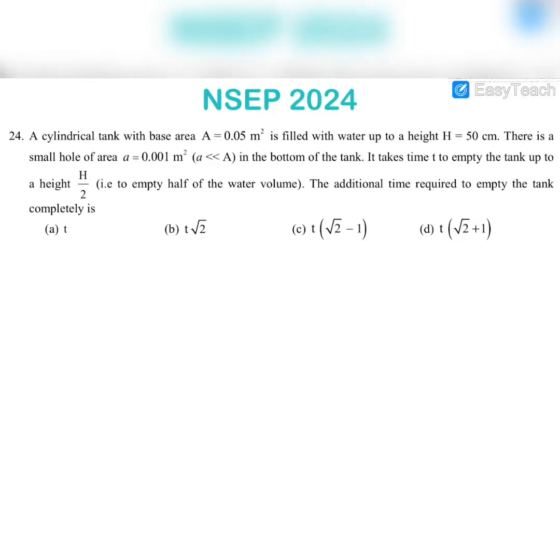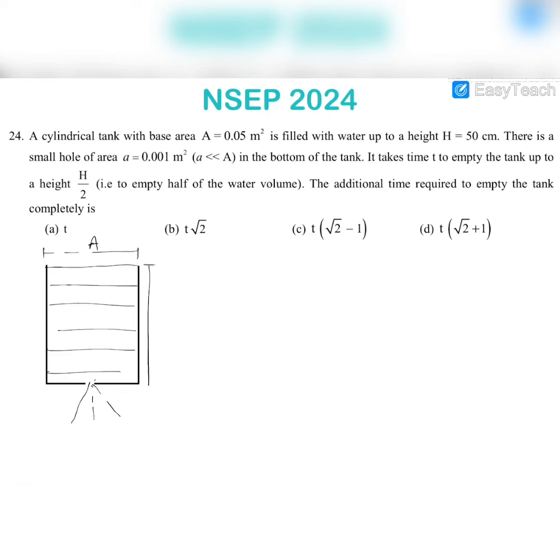In this question, you can see that there is a cylindrical tank which has a base area of capital A, and it has a small hole in the base out of which the water is leaking, and initially the level of water was H in the cylinder.